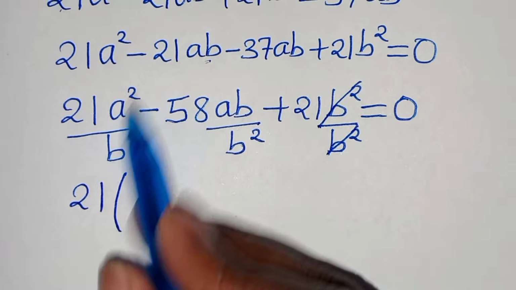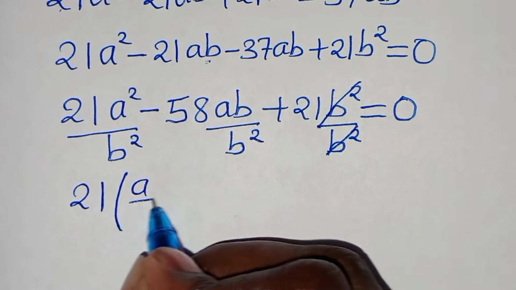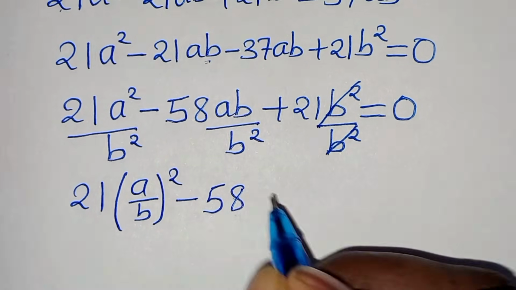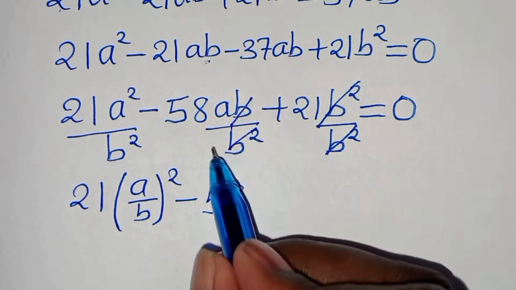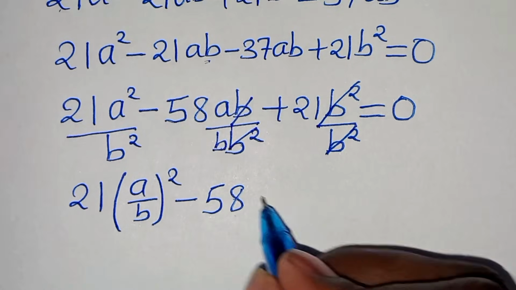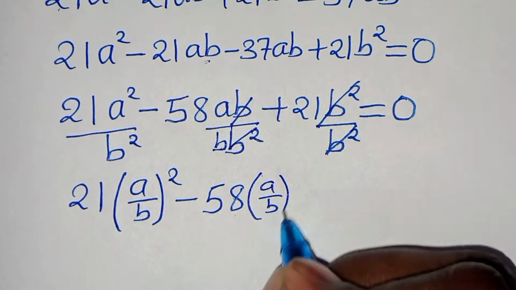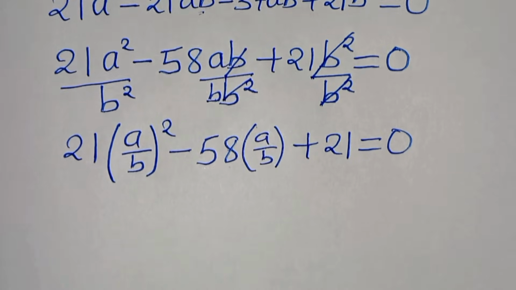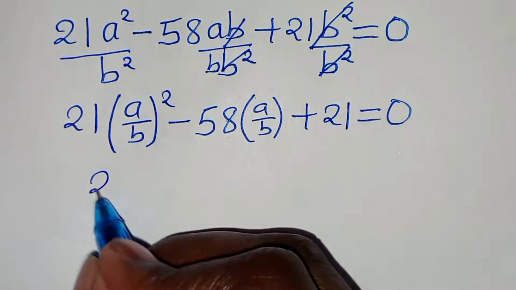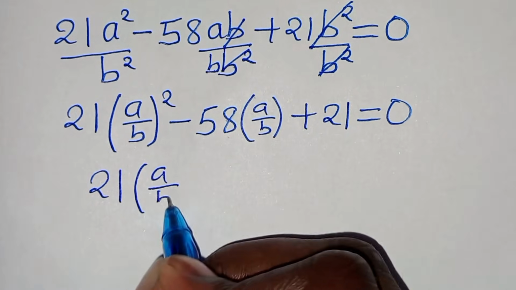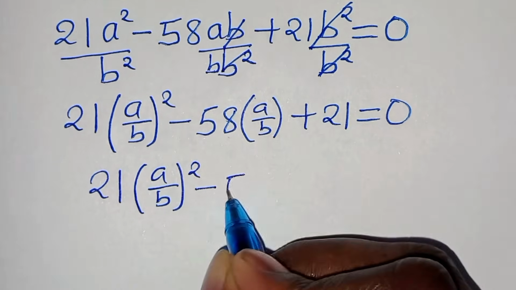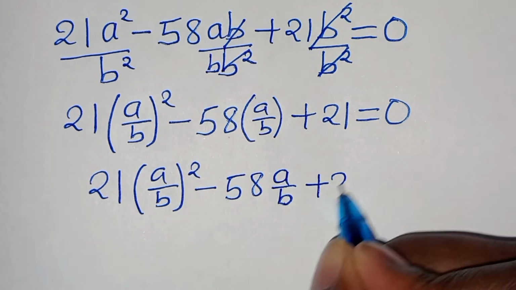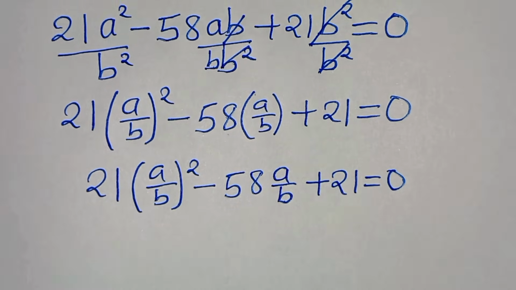We can express a squared over b squared as (a over b) raised to the power of 2, then subtract 58. Here we simplify b and b, so we have a over b, plus 21, this is equal to 0. So this is 21 (a over b) squared minus 58 (a over b) plus 21, this is equal to 0.